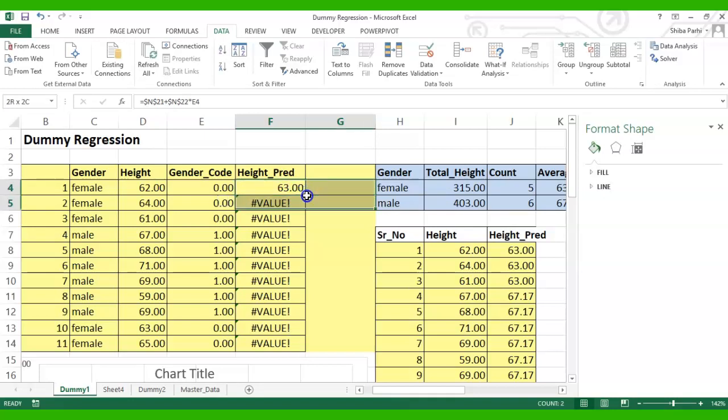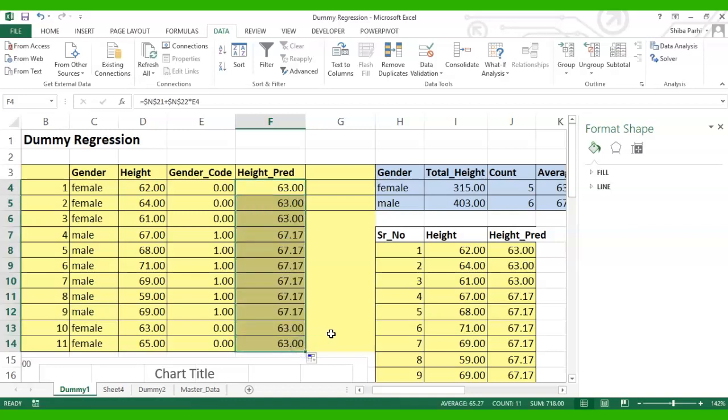So I got the predicted value for the rest of the data also. For male I'm getting 67.17, and for female I'm getting 63.0.